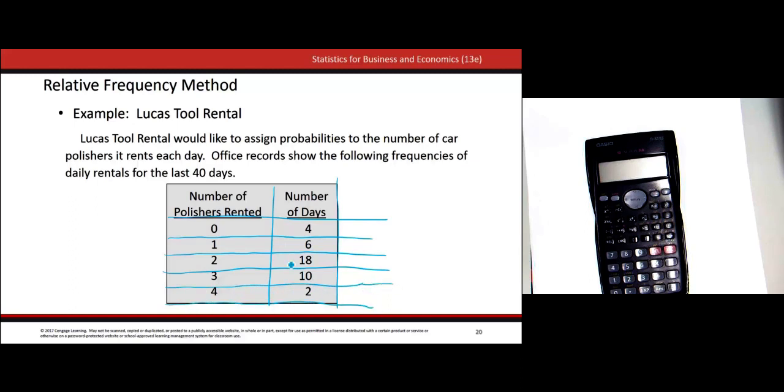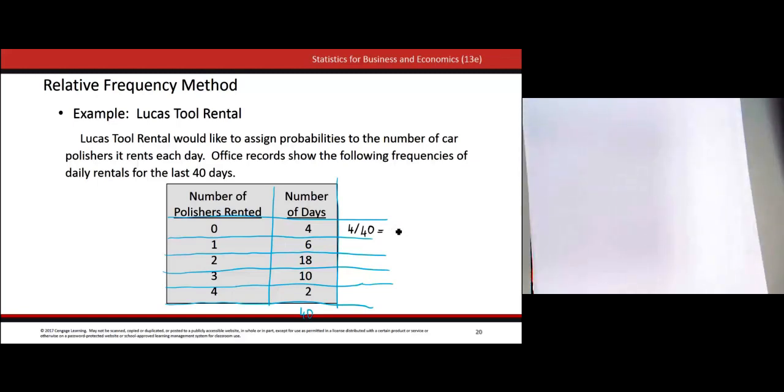How do we calculate relative frequencies? Total 40 days. So 4 out of 40 days they couldn't rent any polisher. So then this will be 0.1.